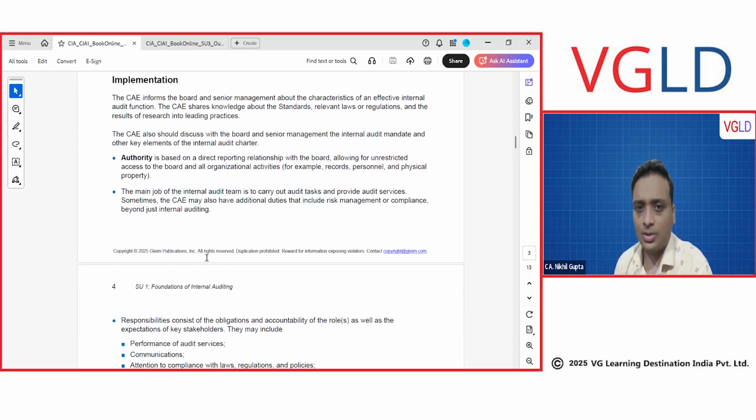As you are aware, we discussed the scoping function, the audit scope. And the audit scope itself covers that the auditor should be granted unrestricted access.